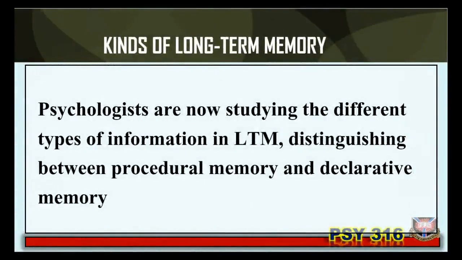Kinds of long-term memory. Psychologists are now studying the different types of information in long-term memory, distinguishing between procedural memory, information about how to do various things like riding a bicycle, solving puzzles, and playing golf, and declarative memory, knowledge about facts like names, dates, faces, and golf scores.